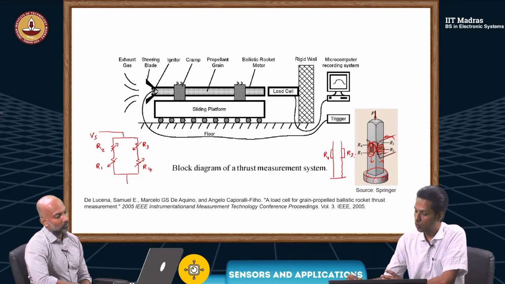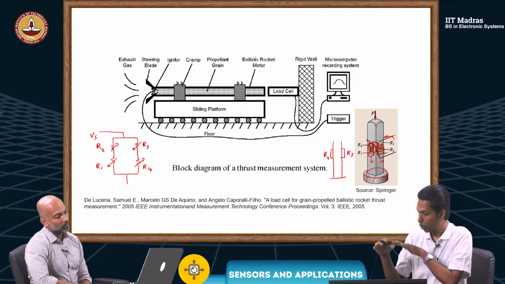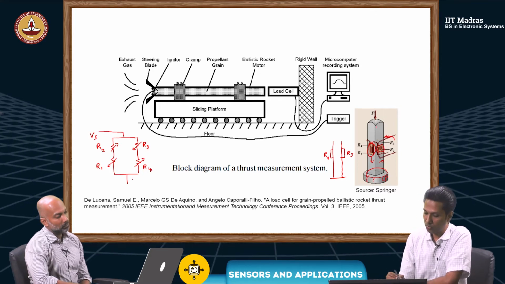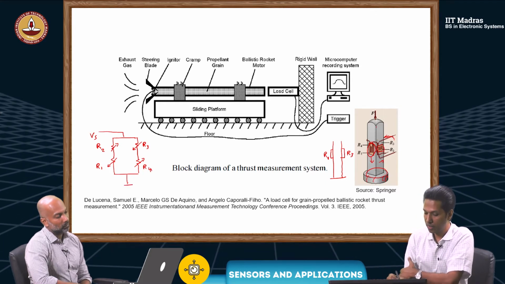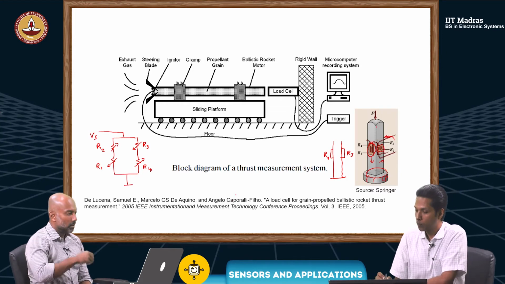R1 and R3 are in the same phase, both decrease. R2 and R4 are again in the opposite phase.